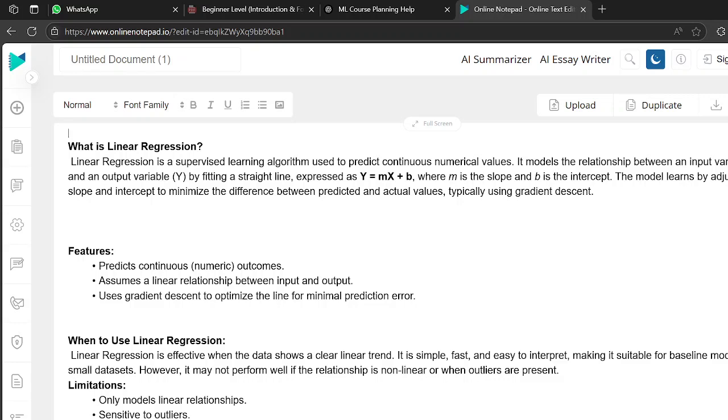Once you go to the formula, you will be able to figure out that it is basically minimizing the error.